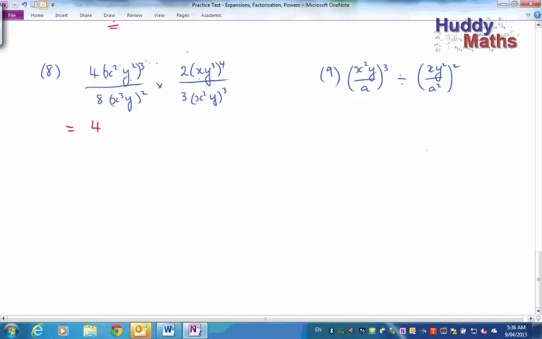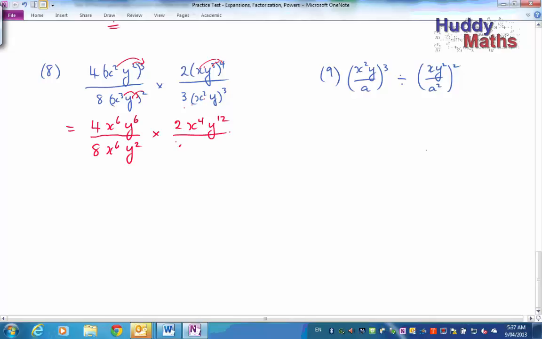So we've got 4 x squared raised to the 3, and multiply the powers together, x to the 6, y squared to the 3, y to the 6. Over here, 8, x cubed to the 2 is x to the 6, y is just y to the 1, all squared is y squared, multiplied by, now x to the 4th, that's x to the 1, all to the 4th, is x to the 4th, y cubed to the 4th is y to the 12th.